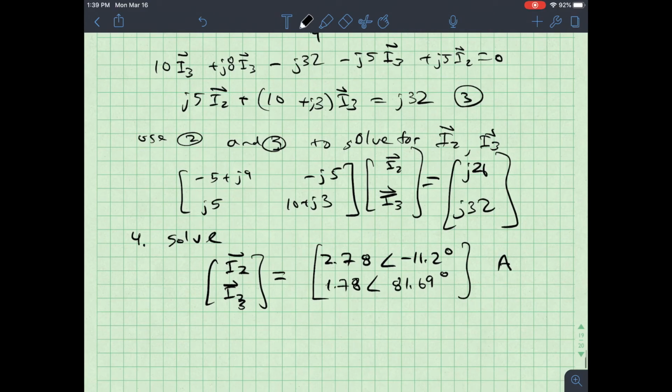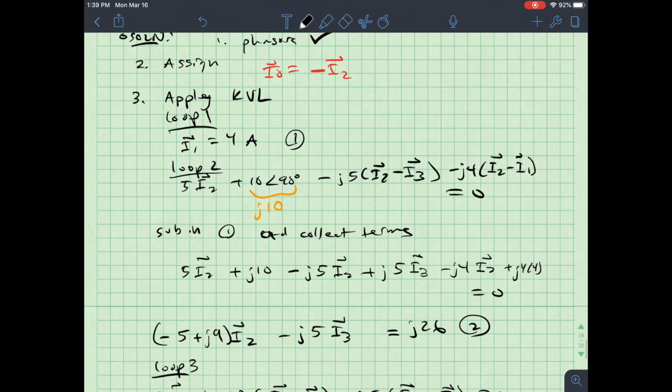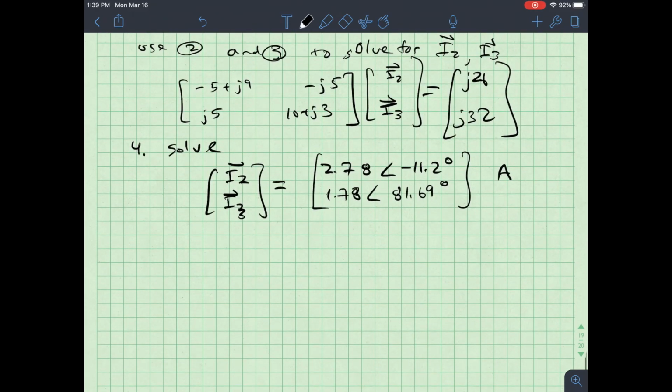I'm not really done because I asked for the value of I naught, and I said I naught is equal to negative I2. So I naught equals negative I2, which is equal to 2.78 angle negative 11.2 degrees, and then either plus or minus 180 degrees. Why don't we go ahead and add 180 degrees?